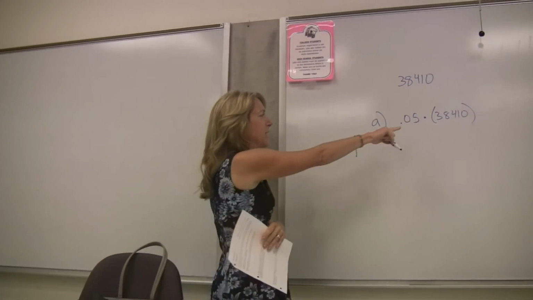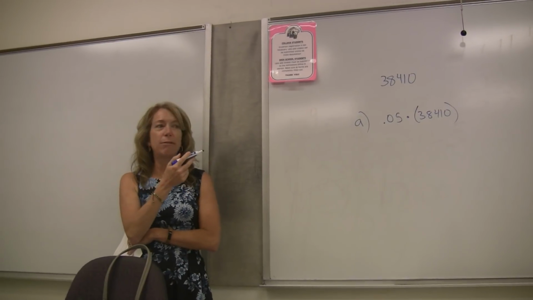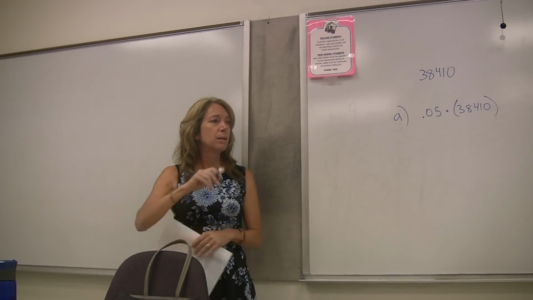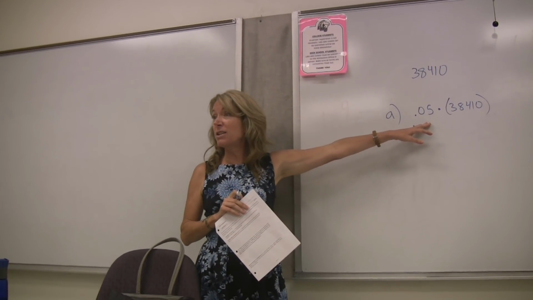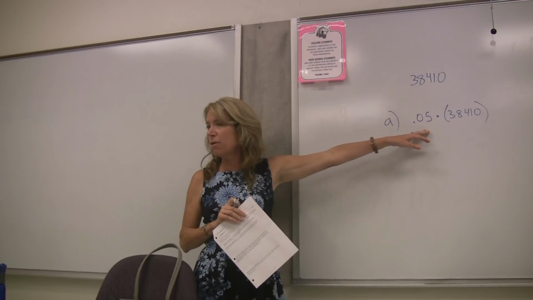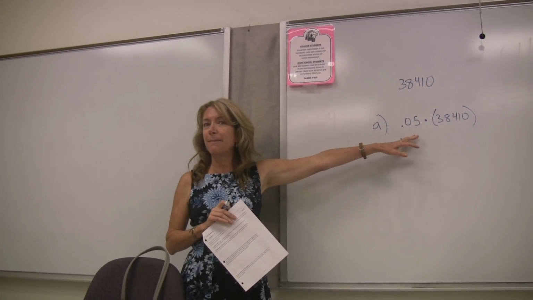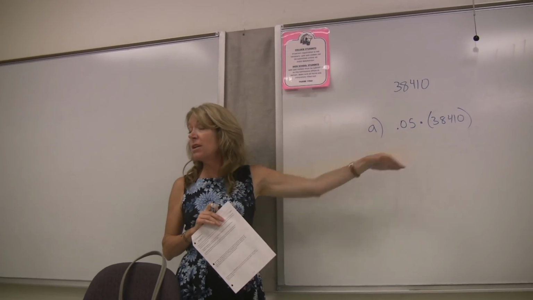What else did we do besides multiply? Something else happened with what I wrote down there. Yes? You turn a percentage into a decimal. All right, turn the percent into a decimal. It was 5%, but we wrote down 0.05. Well, where did that come from? Out of 100.